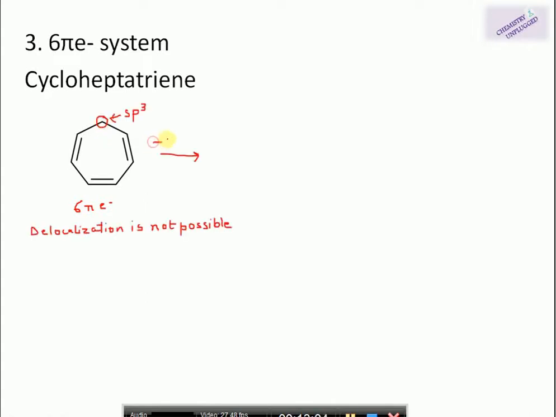If we remove one H minus from this sp3 hybridized carbon, then this system becomes the cycloheptatrienyl cation, also known as the tropylium ion.